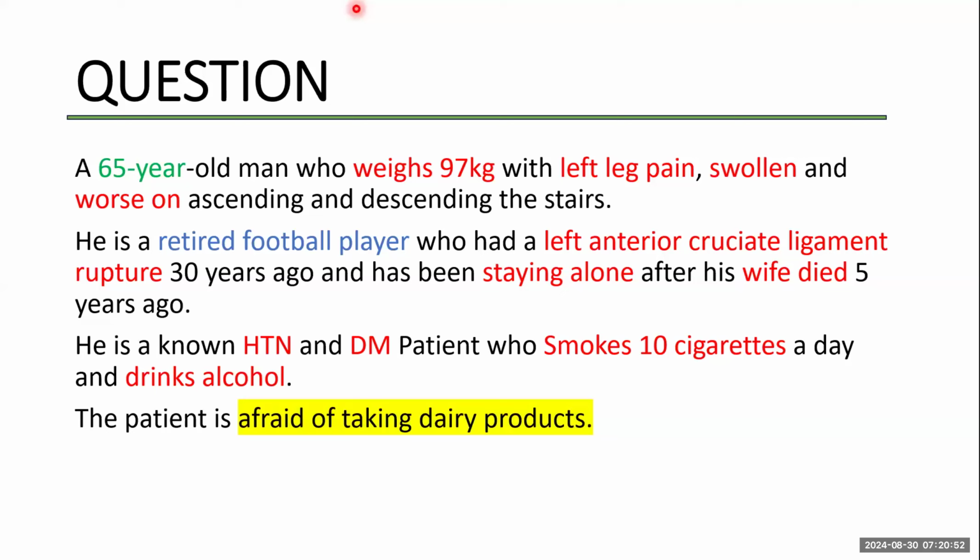As far as an elderly patient is concerned, this patient will also need a comprehensive geriatric assessment. He is even alone, so we can have other things like elderly neglect. Why will he be alone like this? He should have children. He's 65. He's a retired footballer.